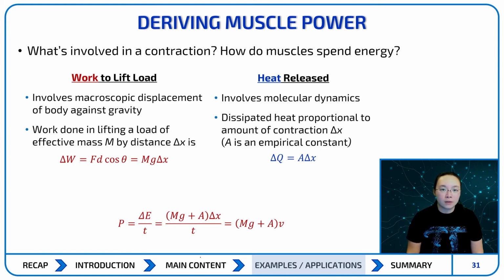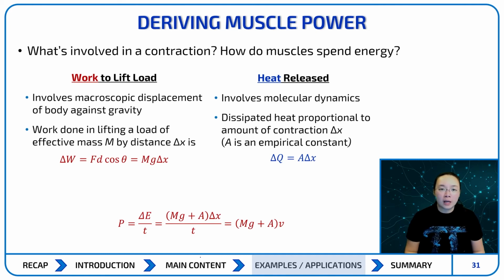And cosine of theta, the theta is 0, because if I'm lifting something up, I'm pushing up, and the object is moving up. So both the vectors are in the same direction. So W is equal to FD. The force that I'm applying is going to be equal to the weight of the object, which is mg, because I want everything to be in static equilibrium with no external imbalanced forces.